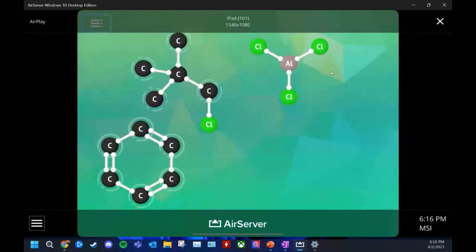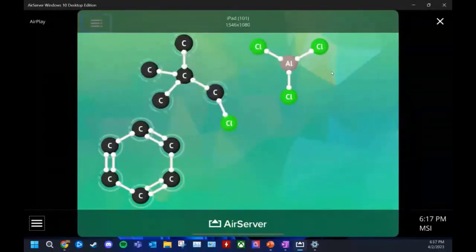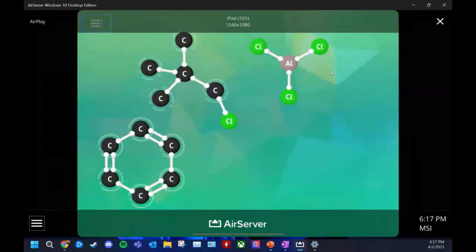Now, what do you guys think will happen first? Yes, so basically we want to make this molecule here an electrophile.